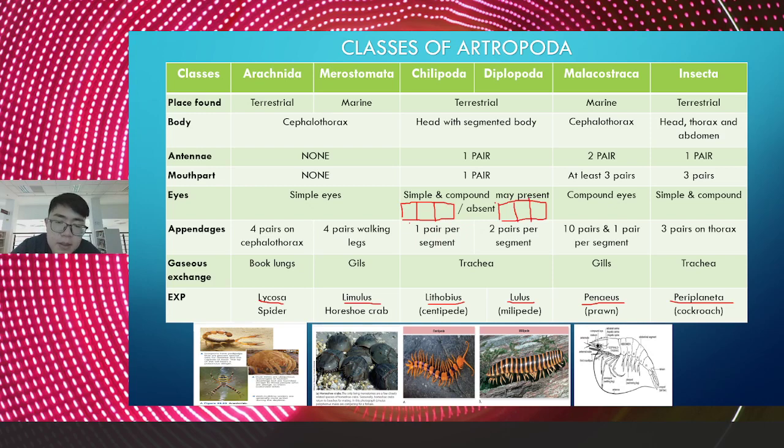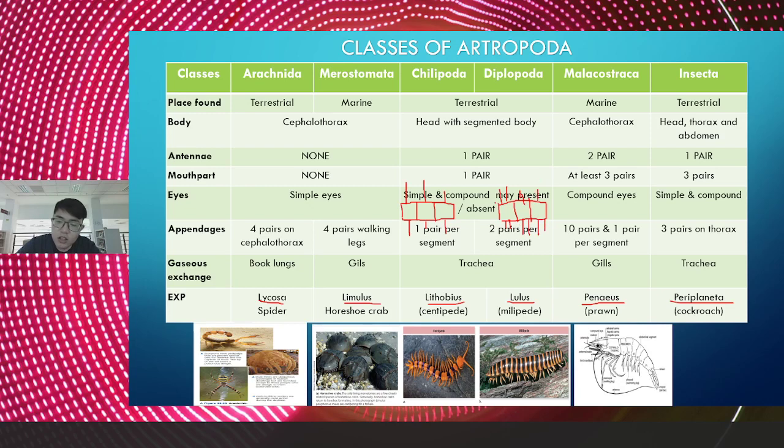And then 1 pair per segment means that dia hanya ada 2 kaki saja di sini. Inilah kaki dia. Hanya 1 segment, hanya 1 pair, a pair of appendage. But for this, 1 segment it has 2 pairs. Dia ada 4 kaki per segment. Dia ada 4 kaki punya.